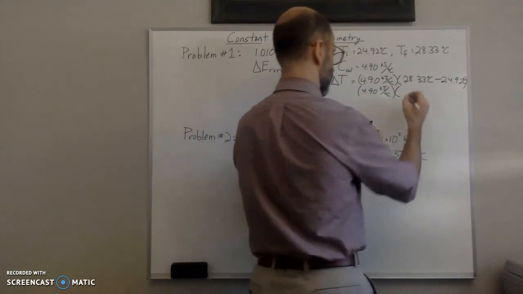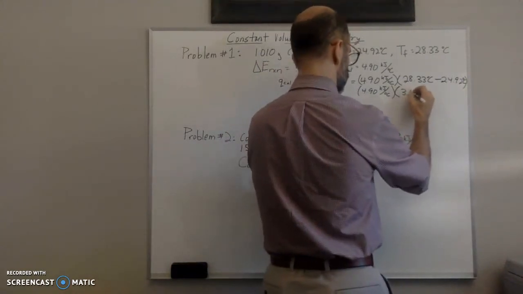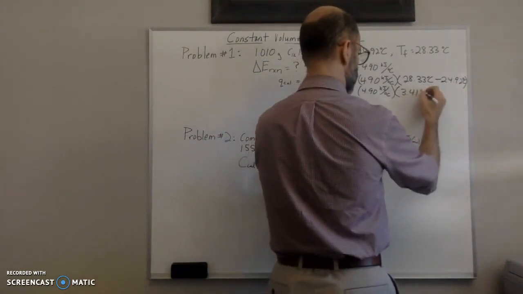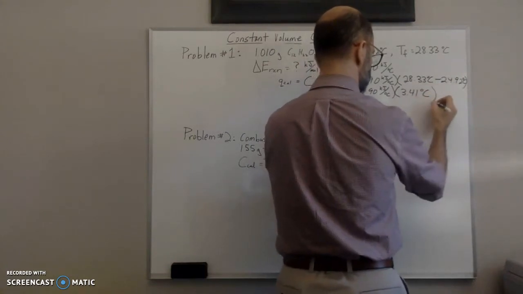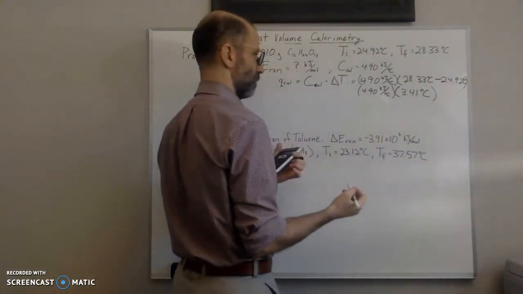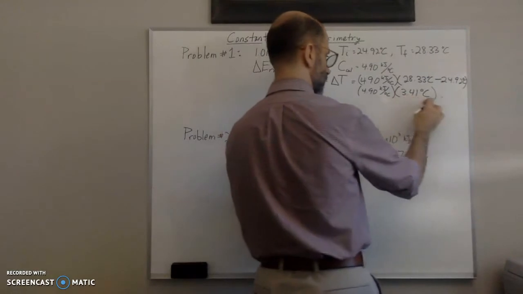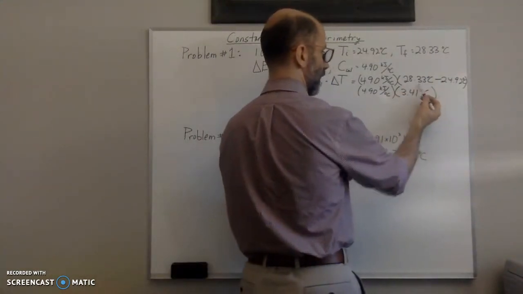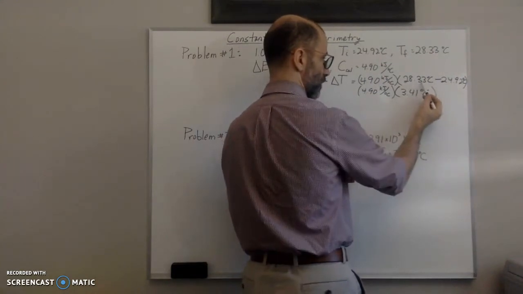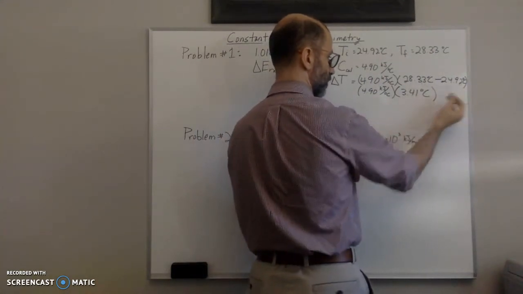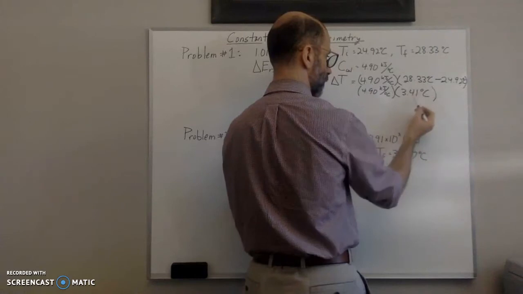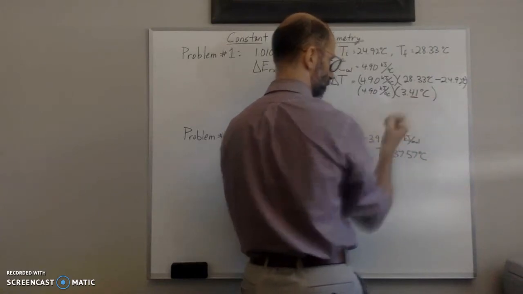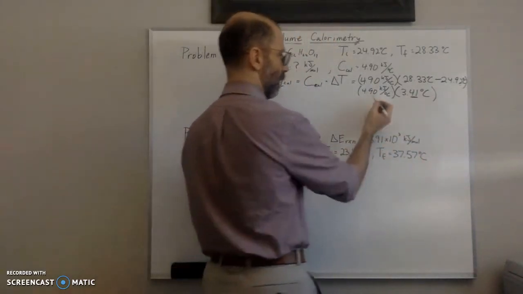This is going to give us a 3.41 degrees Celsius difference in temperature. We'll notice that this is positive. Since we're subtracting, we're interested in the number of decimal places. They both have 2 decimal places, so we need to make sure we have 2 decimal places there. Now we're going to multiply.